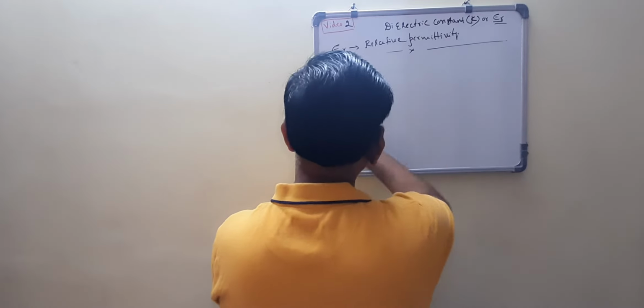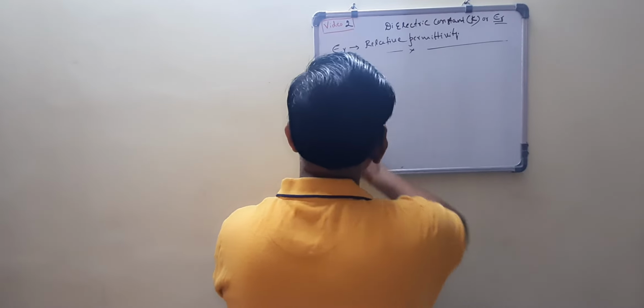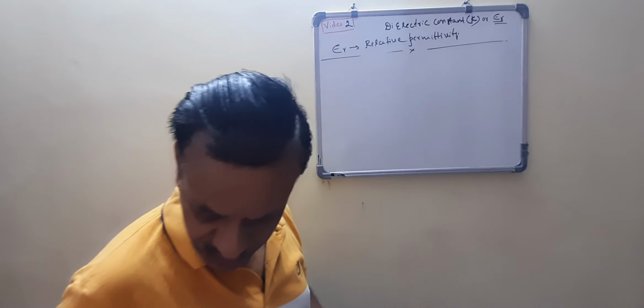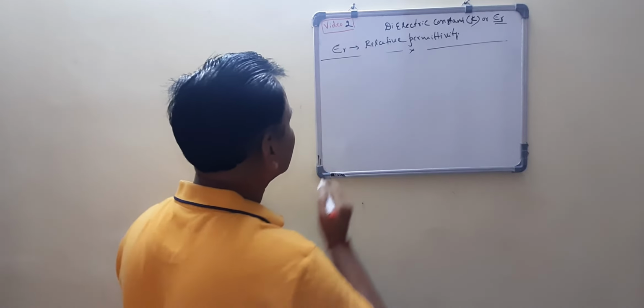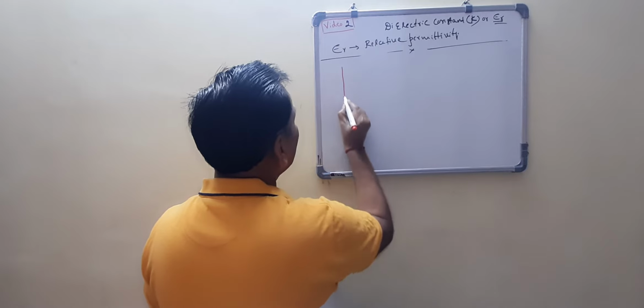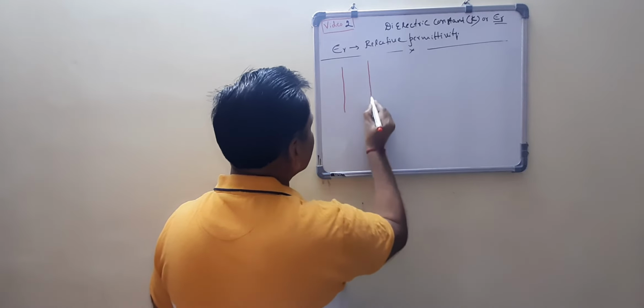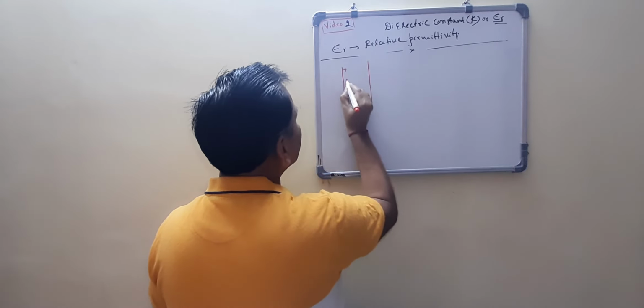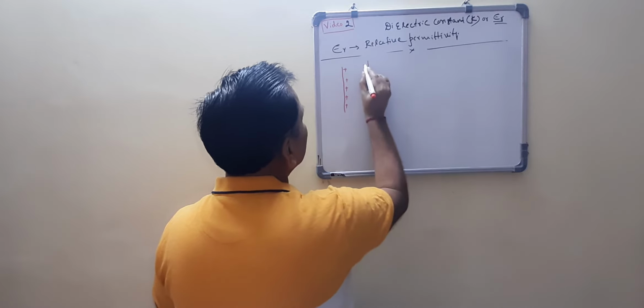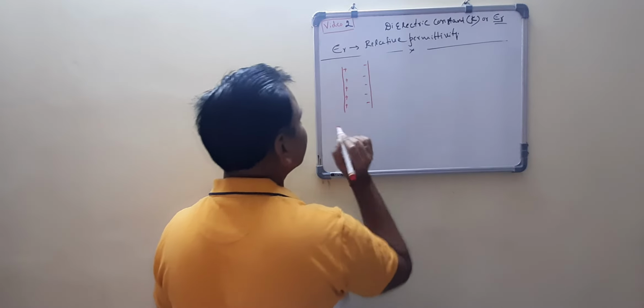Some books define the dielectric constant in a different fashion. For example, this is your parallel plate capacitor. Here it is the plus plate and this is the negative plate.